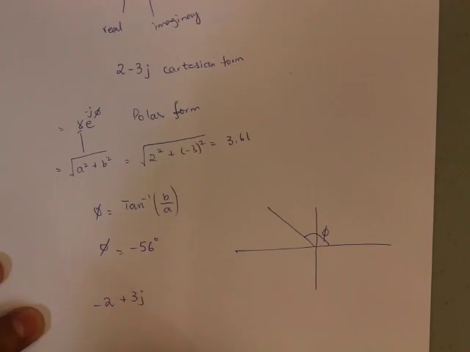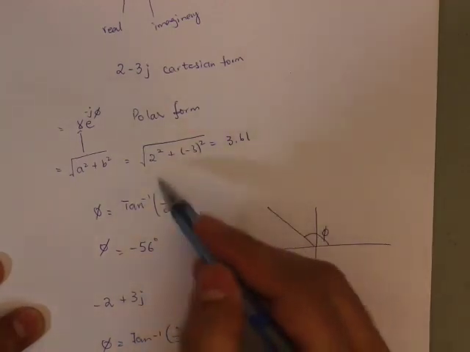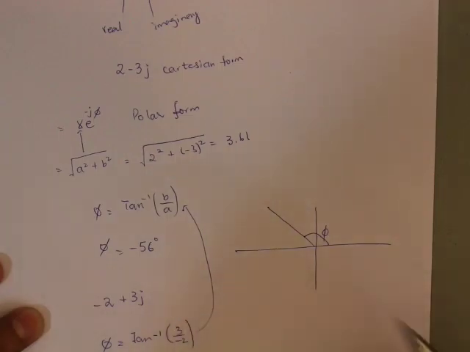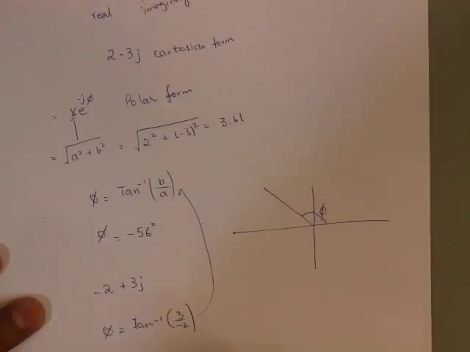When we run this in our calculator, tangent inverse of 3 over -2, it cannot differentiate between this and -3 over 2, so it will still give us -56 degrees.